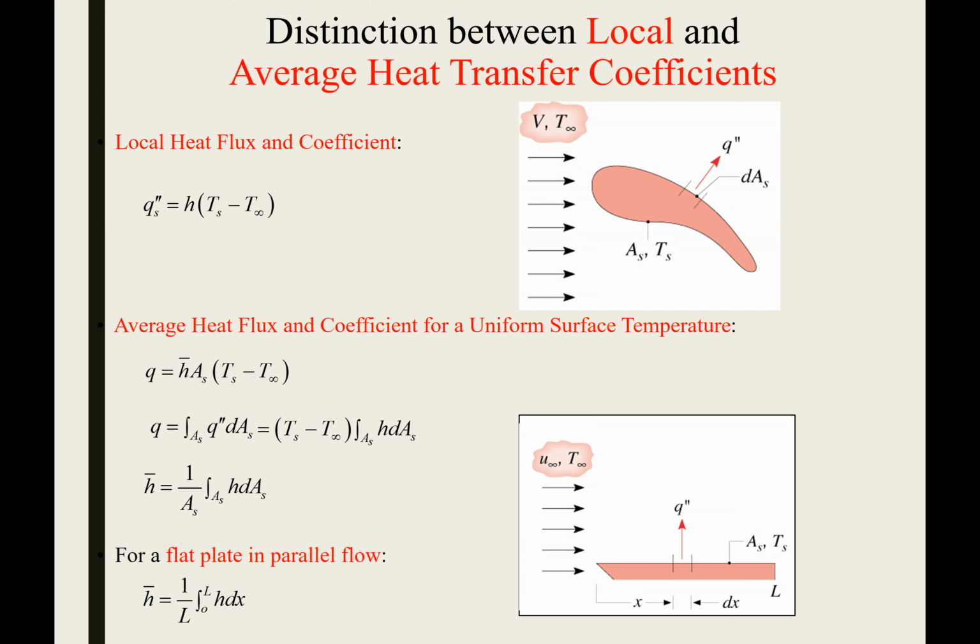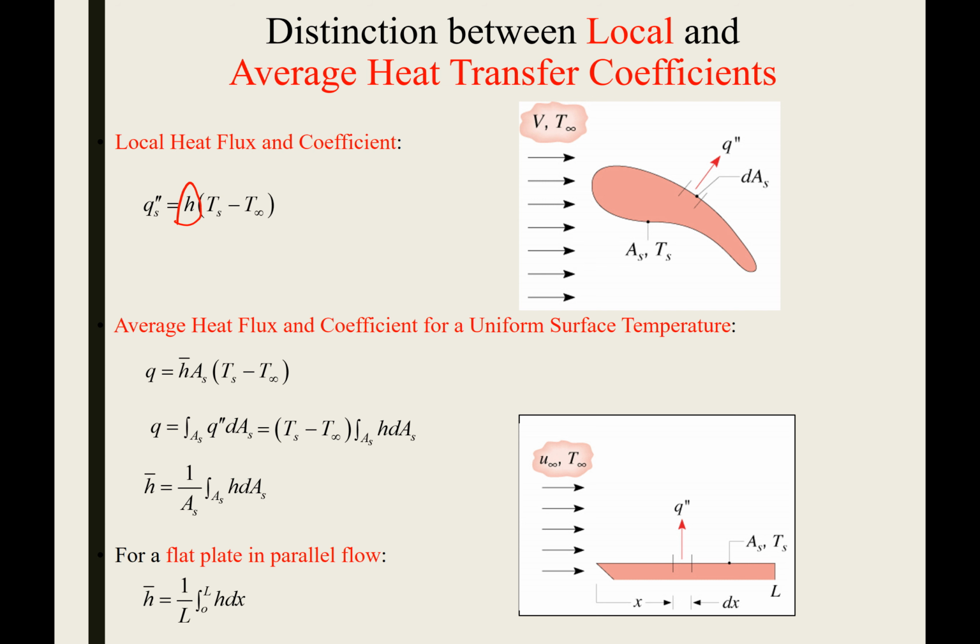Depending on what information we want, maybe we want surface temperature as a function of x, then we would deal with the local heat transfer coefficient and come up with a relationship that describes our surface temperature as a function of x. But if we wanted to treat the whole thing as being uniform, then we could deal with an average heat transfer coefficient. The way to go from a local to an average would be to do this integration.